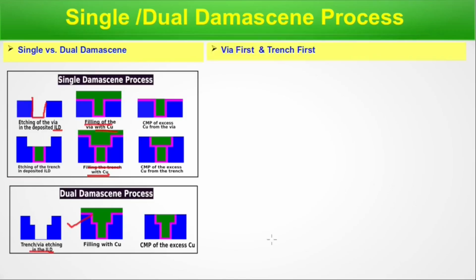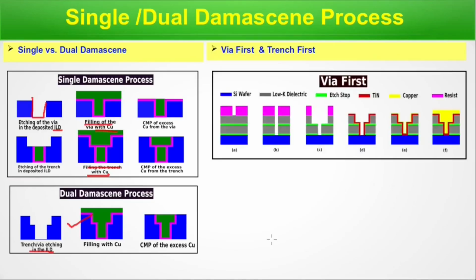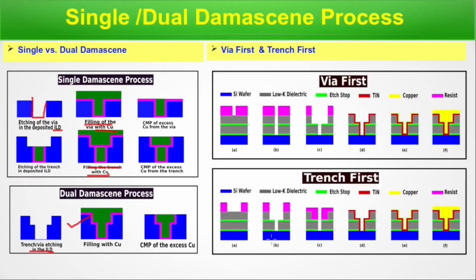Now dual Damascene is of two types. One is via first and another is trench first. So in dual Damascene, both via and trench are done in the same go. If the via is etched first, that is called via first, then the trench process, and if the trench is etched out first, it is called trench first, via second. So this is the first one, the via first process.